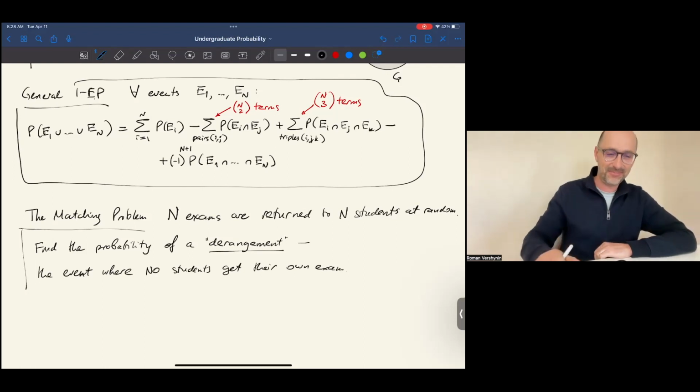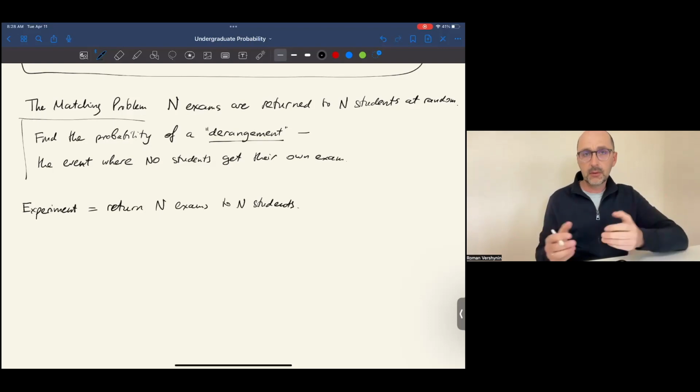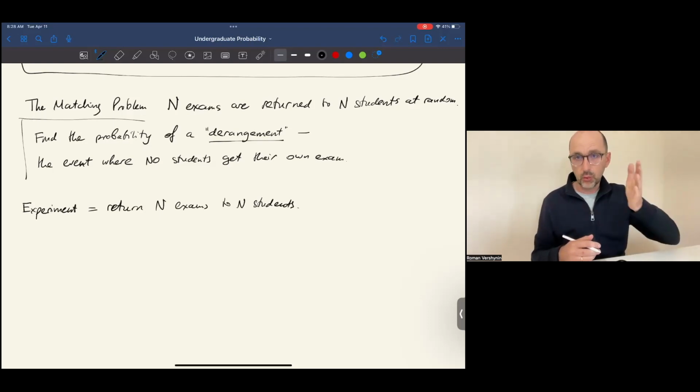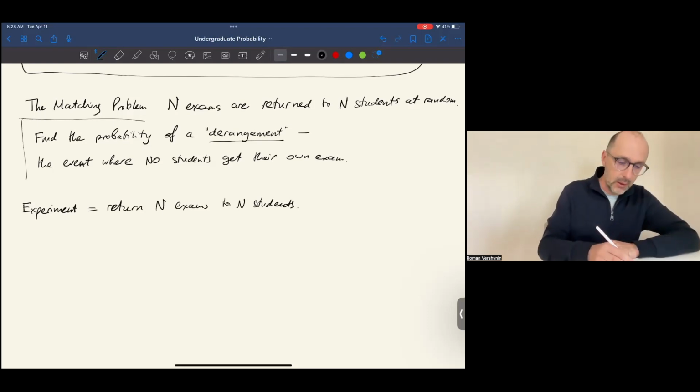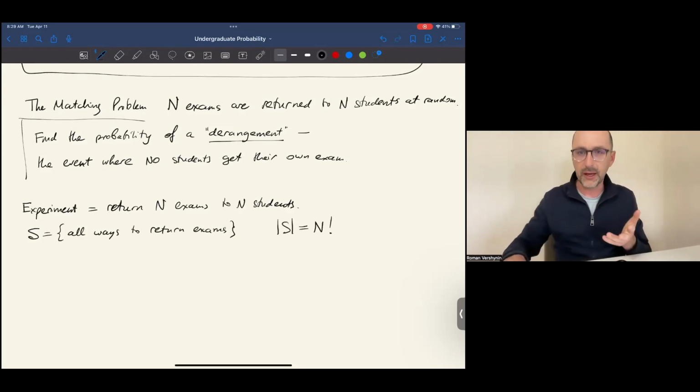Let's find out. Our experiment is to return the n exams to n students. An outcome is just a particular way to return these exams, just to know which student gets which exam. The set of all outcomes, the sample space, then, is the set of all ways to return the exams. There are n factorial ways to do that.